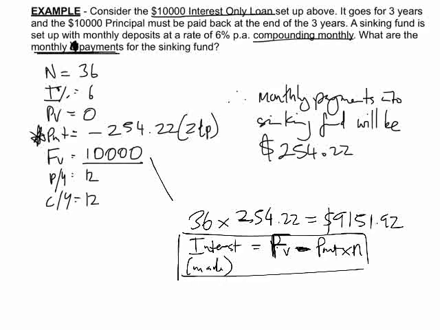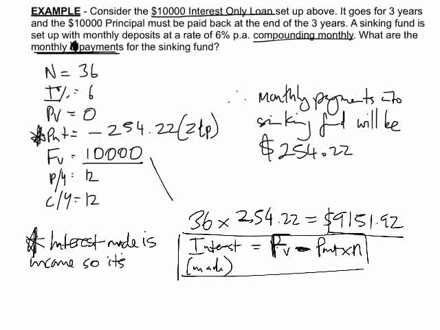Okay, and so that difference between $9,151.92 and that $10,000 is the interest that you made. That gets taxed. Okay, interest made is income, so it's taxed.